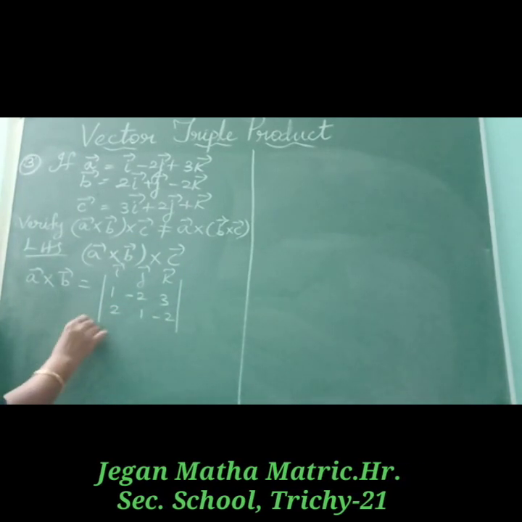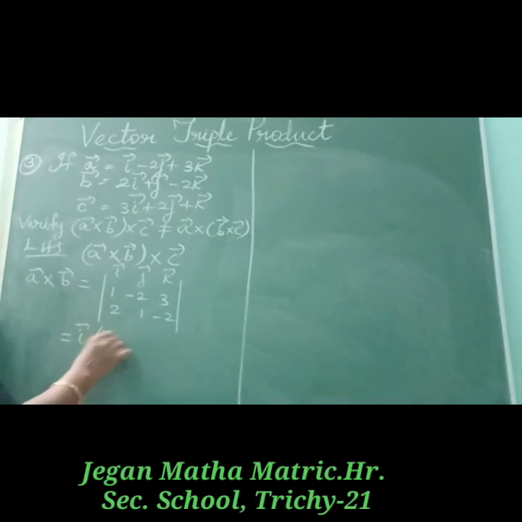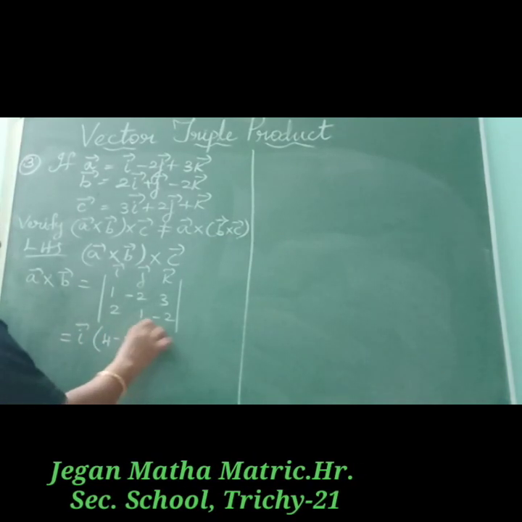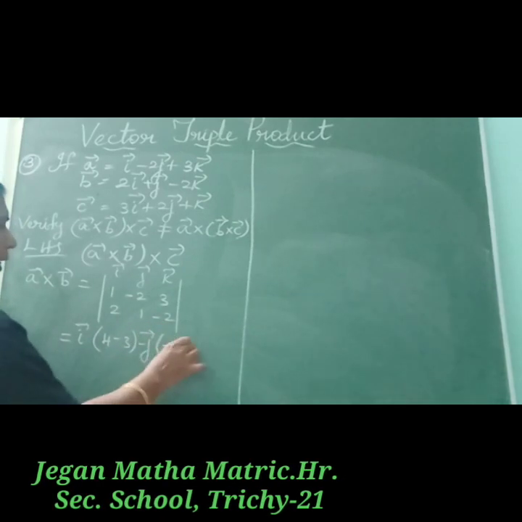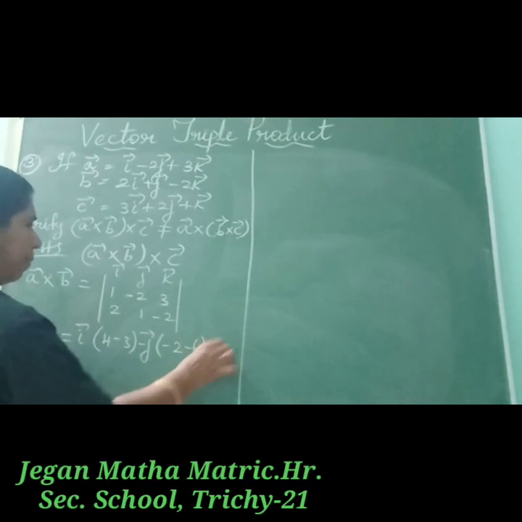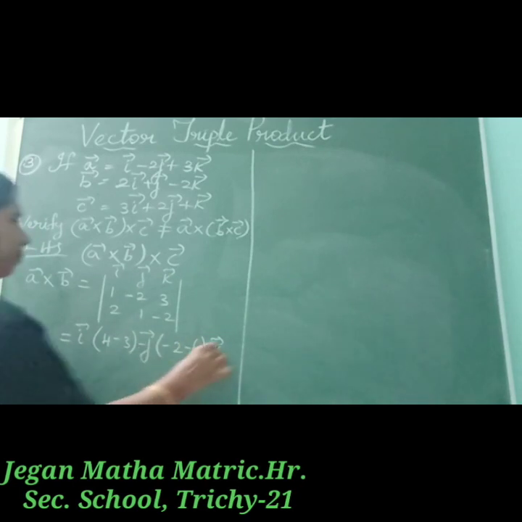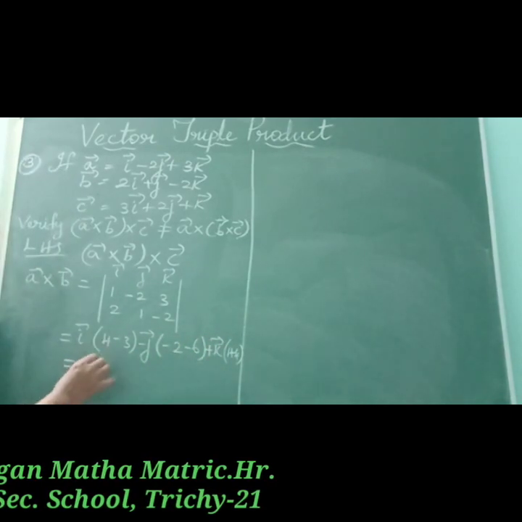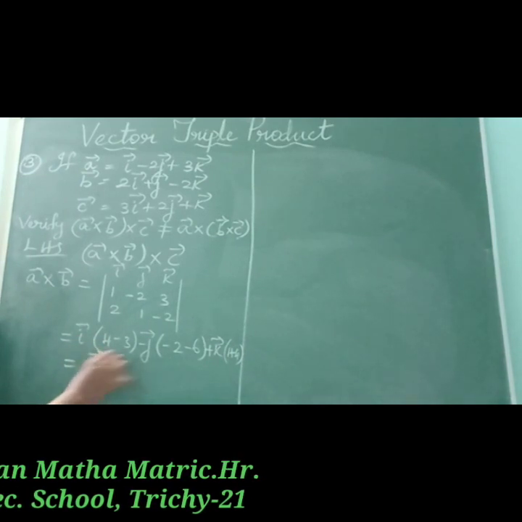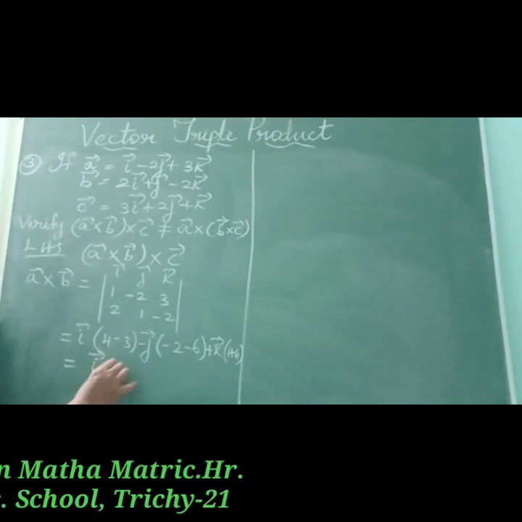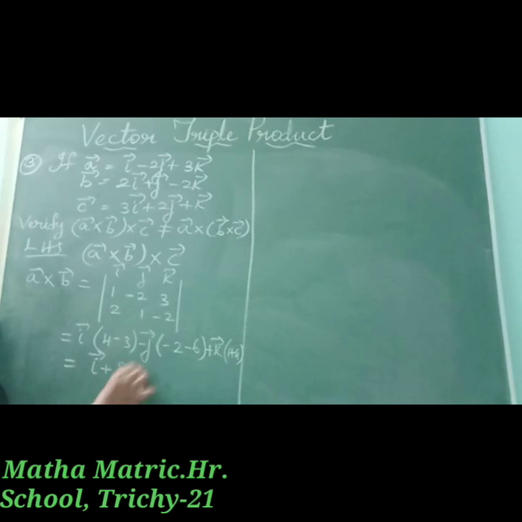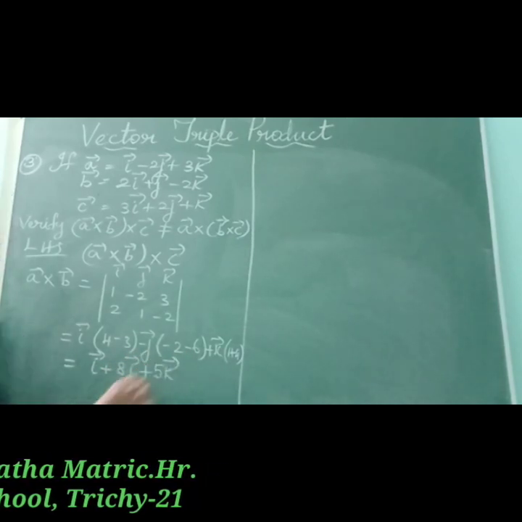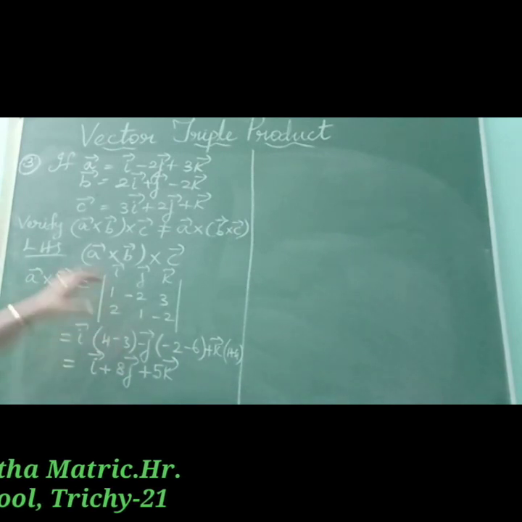When you expand, I vector into 4 minus 3, minus J vector into minus 2 minus 6, plus K vector into 1 plus 4. So we are getting I plus 8J plus 5K. This is A cross B.